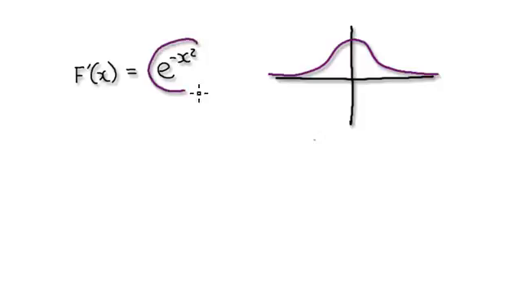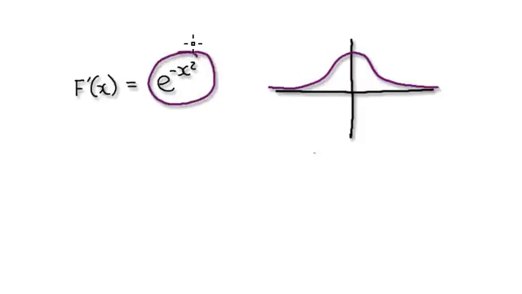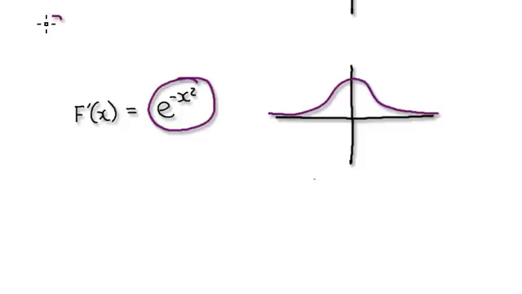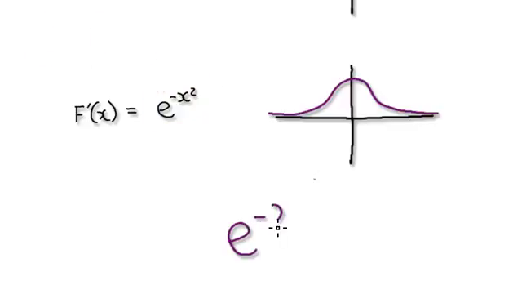Trying to find the antiderivative of this is like searching for something that when you differentiate it, it will give you this. Okay, so let's try and find the antiderivative of e to the power of minus x squared. We can imagine this as being a bubble here.